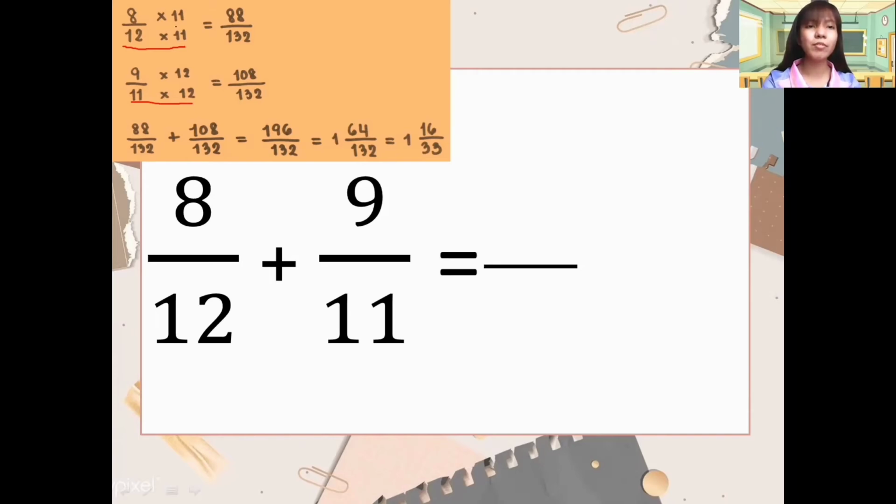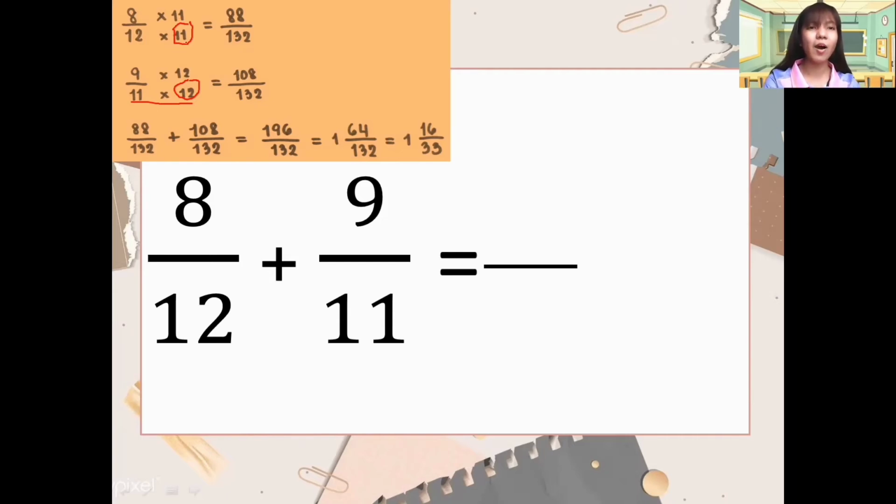You have to find, like this one, 12. This one, 11. This one, 12. Why? Because our goal is to make both denominators the same, because that's the only way we can add, right?